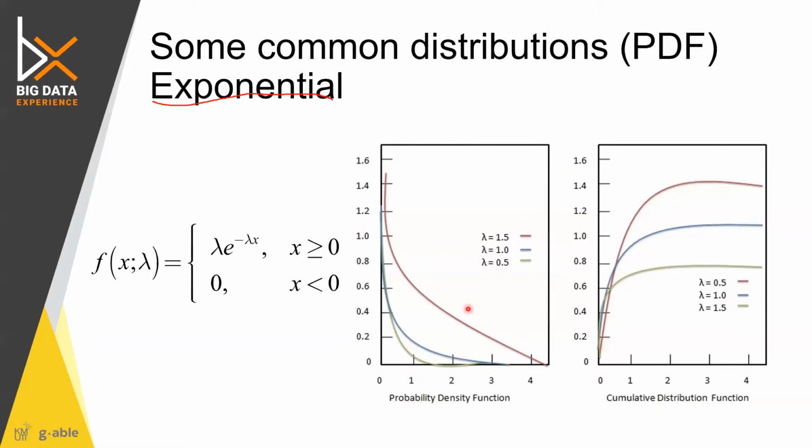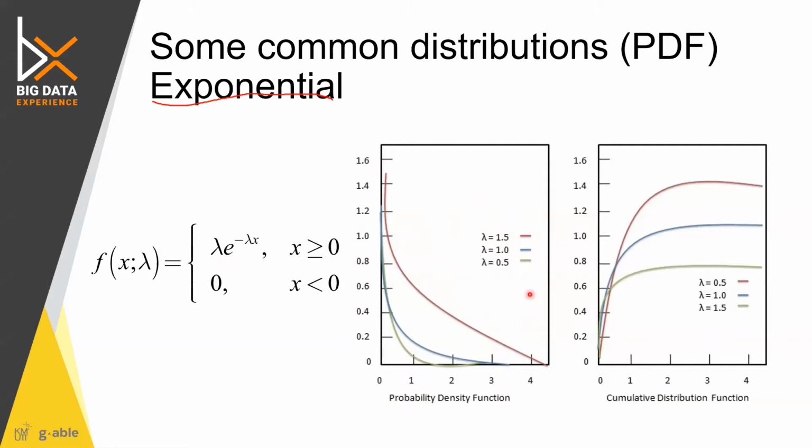So if you plot a histogram or density function and it looks like this one, you can think about exponential distribution, especially if it's a time measurement or something similar. The parameter of the exponential distribution is this lambda.